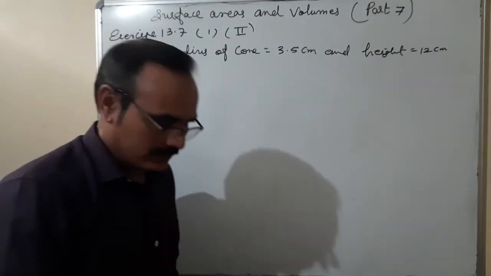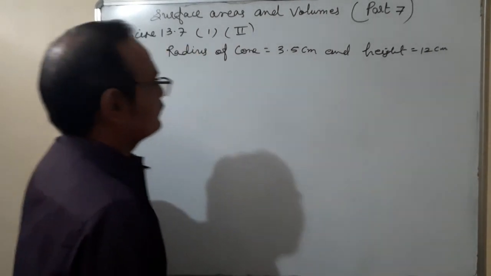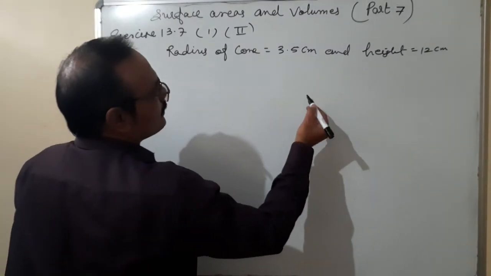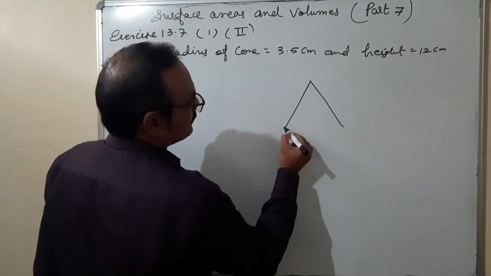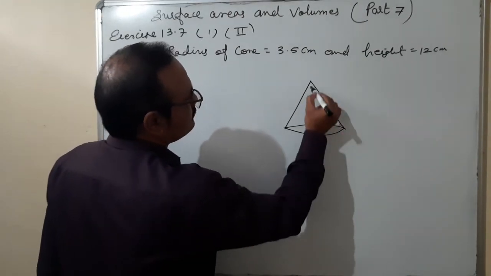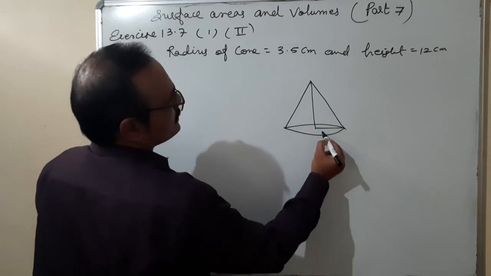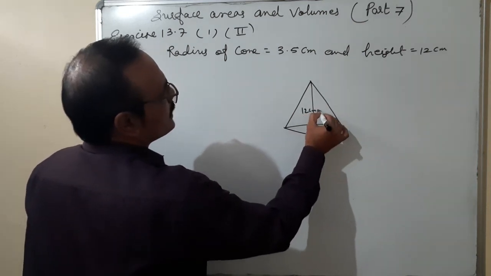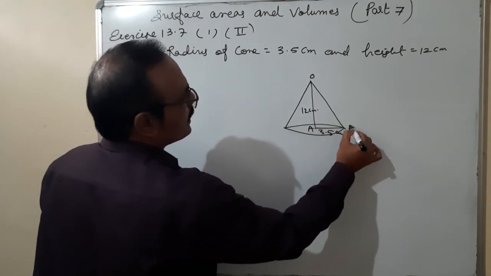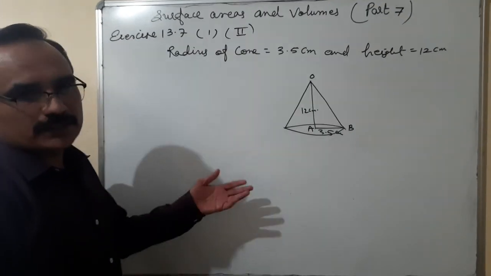What we are going to find? Find the volume of the cone. If you want, you can make a diagram of it. Radius 3.5 centimeter, height 12 centimeter. Both are in centimeters, so we need not change to another unit.